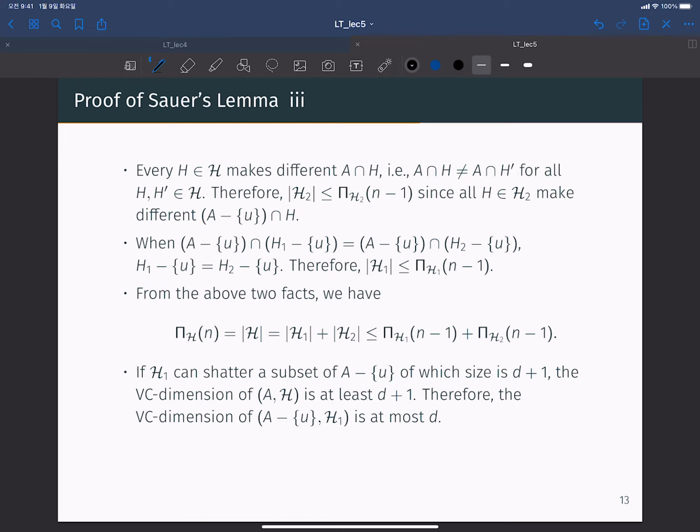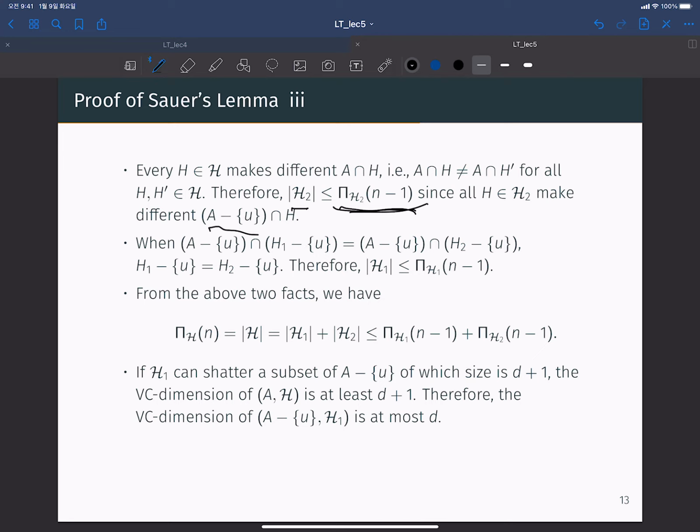Since all hypotheses in H2 make different intersections between A minus U and H, and A minus U has n minus 1 different elements, then by the definition of the growth function, which means the maximum possible function defined on any set of size n minus 1, and since this set has n minus 1 elements, the cardinality of H2 must be upper bounded by the growth function with n minus 1 elements.